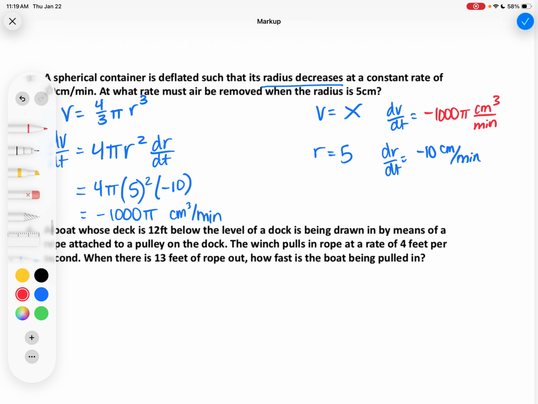Usually it's not an issue. Make sure you watch that it's not going to ask you for centimeters cubed per second, unless it tells you, you assume you're sticking with the given units. But watch for units, as that's something they could change on you. Excuse me, the hiccups.